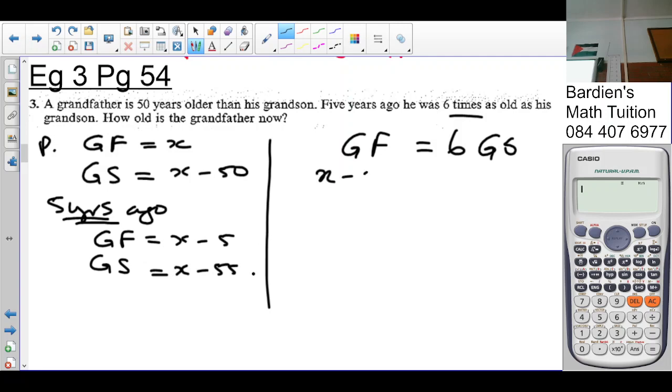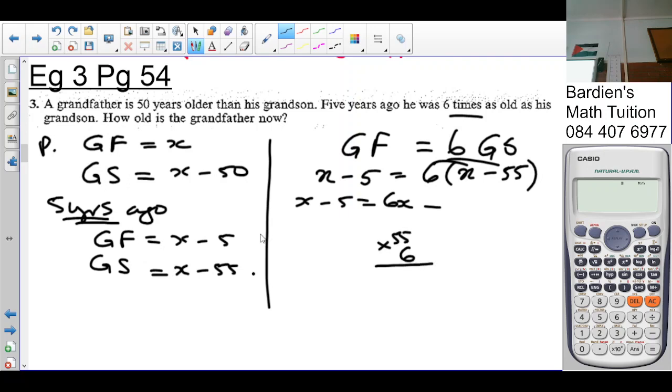X minus 5. So X minus 5 is equal to 6 times (X minus 55). That's going to be X minus 5 is equal to 6X minus 6 times 55.